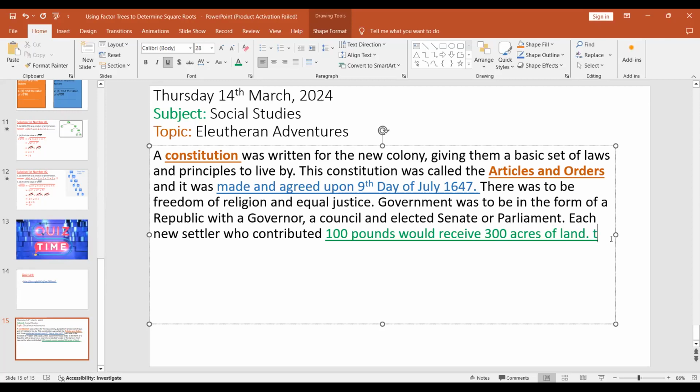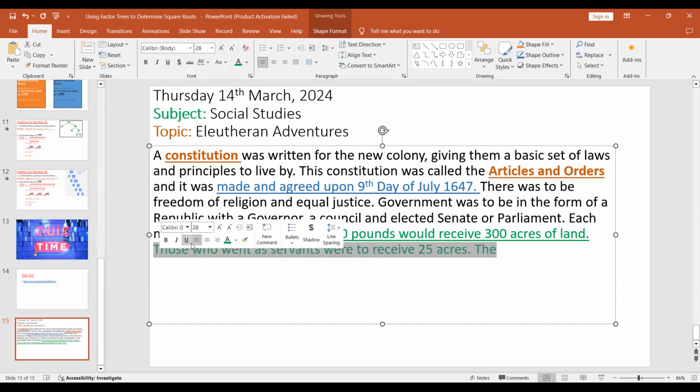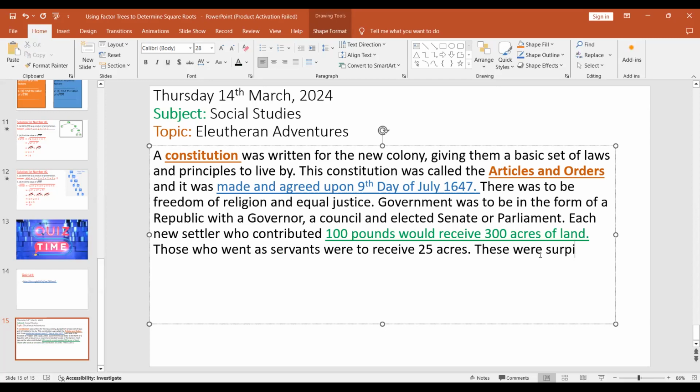Those who went as servants were to receive 25 acres. Now these were surprisingly modern rules for the period.